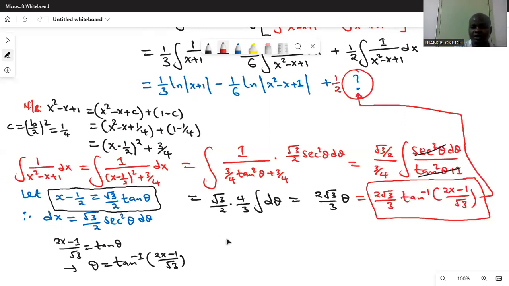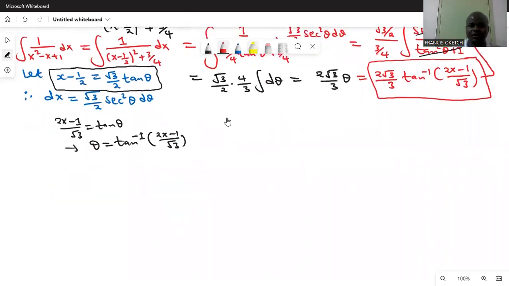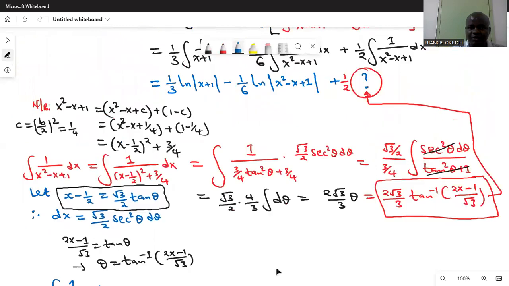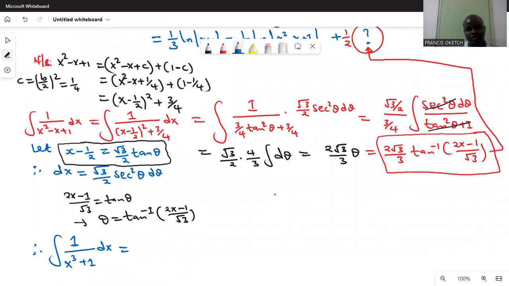So therefore, let me write this down. The integral of 1 over x cubed plus 1 dx is the same as, what did we get in the first term? It was 1 over 3 ln of x plus 1.